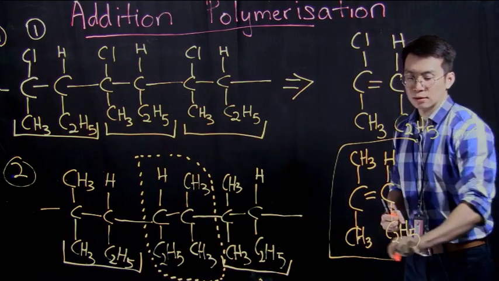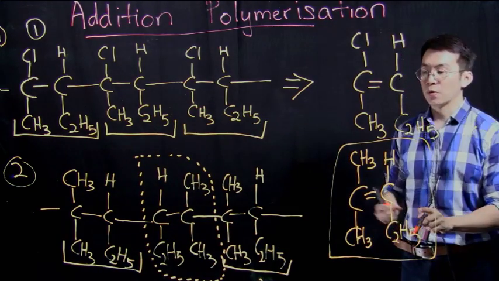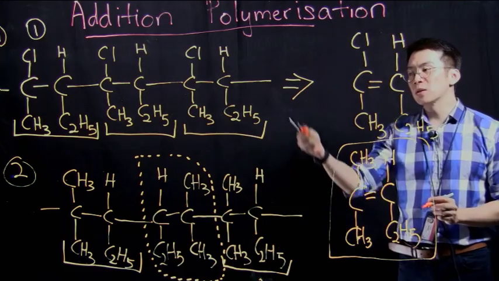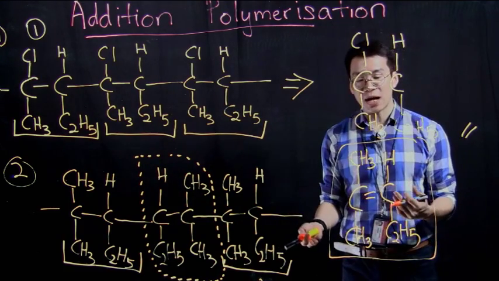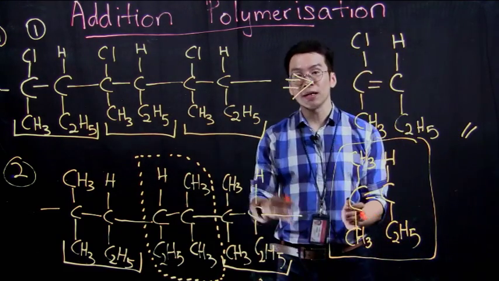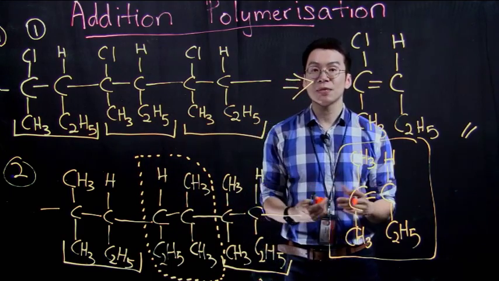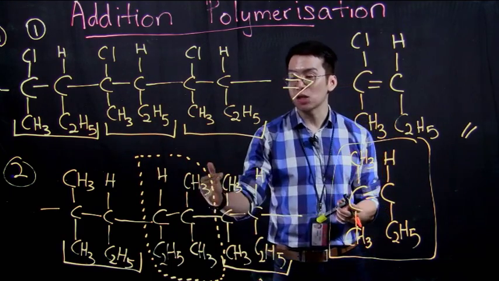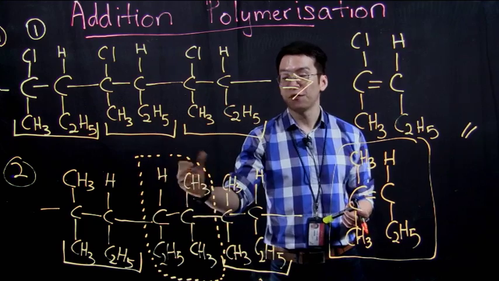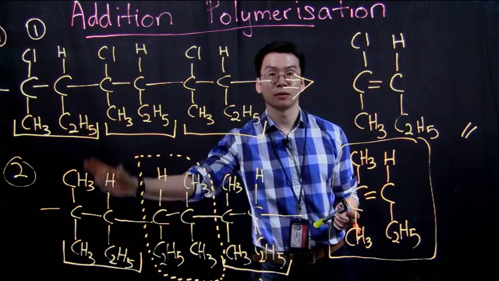So this is the answer for question number 2. So when we do questions like this, when we are asked to identify the monomer in the polymer, at times we have to check if they are actually the same. This is just a flip of this molecule here. Okay?